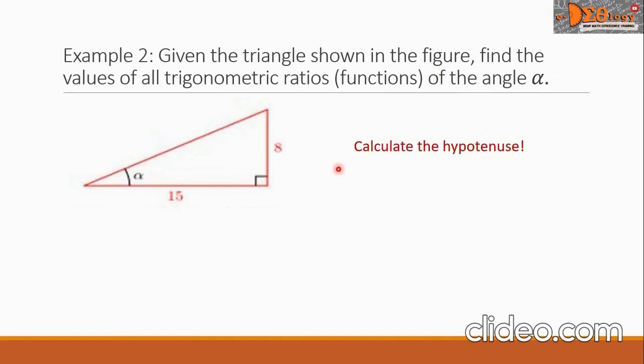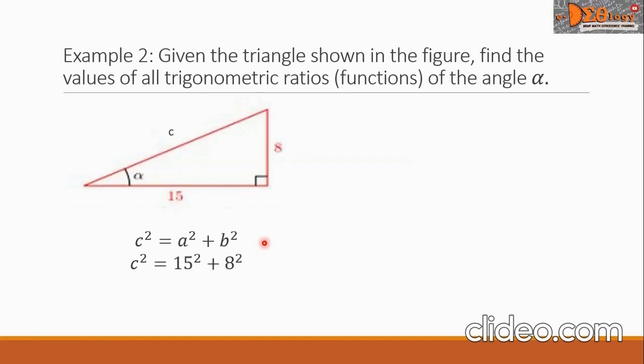We will use the Pythagorean theorem. We will assign letter c to the side which is the hypotenuse, and the formula will be c squared equals a squared plus b squared. Substituting now the values, we have c squared equals 15 squared plus 8 squared.